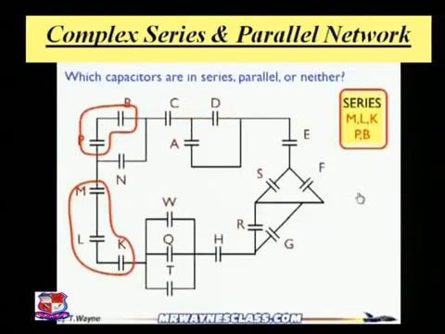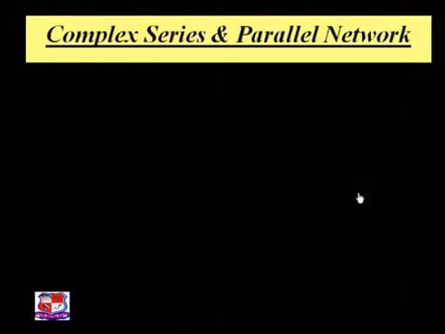Same with H, Q, K, L, M: if you track the lines, you can find there are two nodes. So remember one thing: in series capacitors there is no node between two conducting lines.